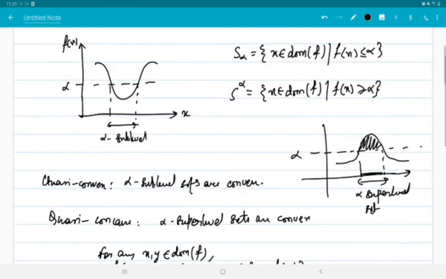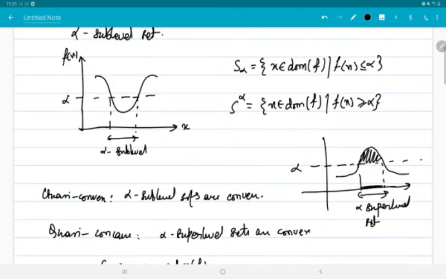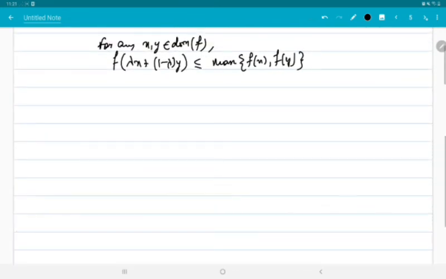This holds because, for example, if you look at this function, or okay, let me draw another one.